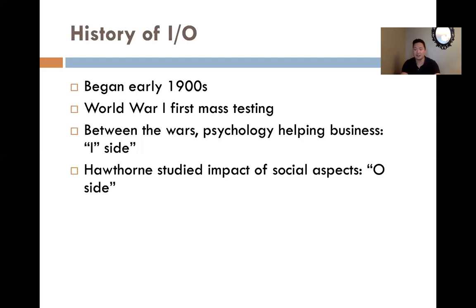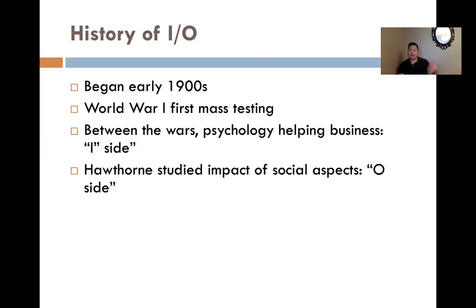So IO psychology had a big growth in World War I because we had to develop tests to figure out which people were suited for which jobs, when we basically created 1 million new jobs in a really short span of time and then shipped everyone over to Europe. So World War I was the first big piece with mass testing, and it kind of put us on the map.